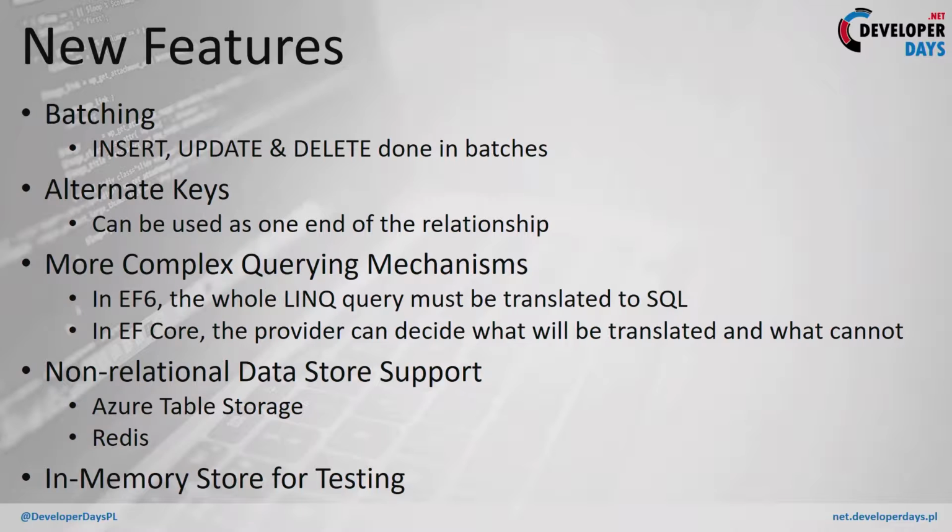Also, the querying mechanisms were changed in EF Core. In the original Entity Framework, there was an assumption that you can write a LINQ query, and it gets translated to SQL or to any language that the database is using. But the idea was that the whole LINQ query will be translated into one query. So this is kind of restricting, and EF Core supports much more complicated scenarios.